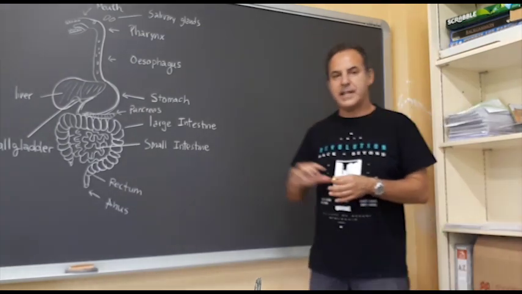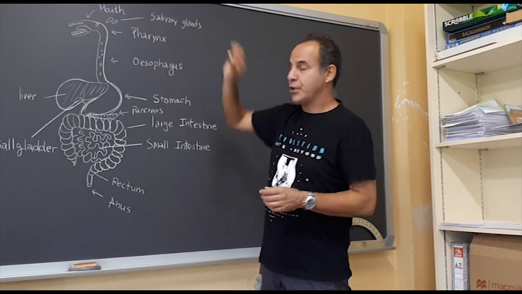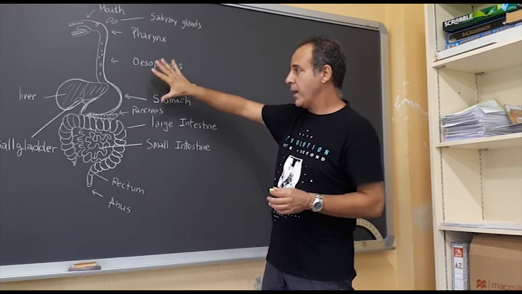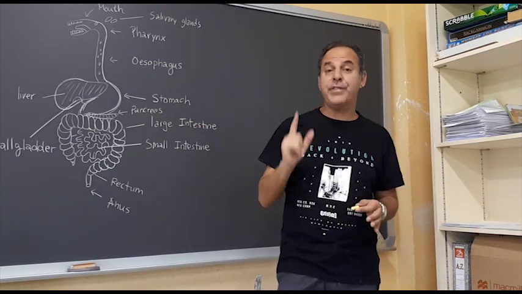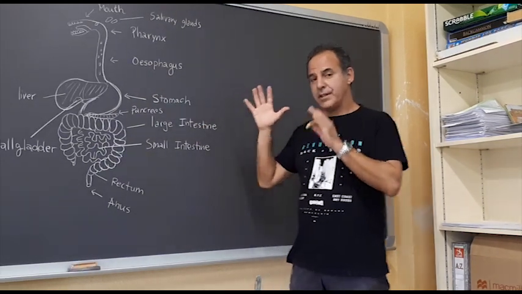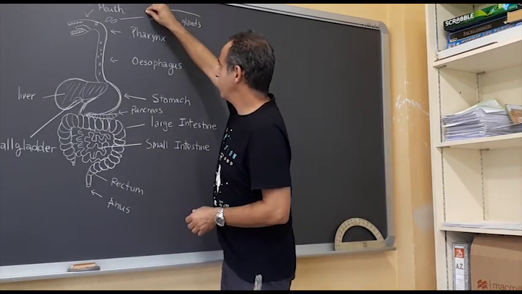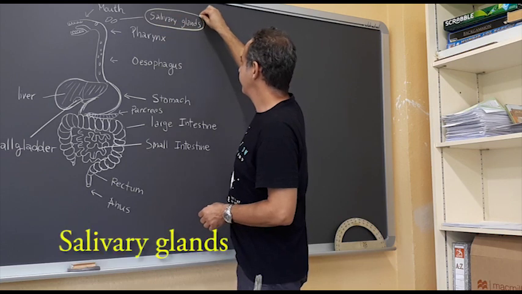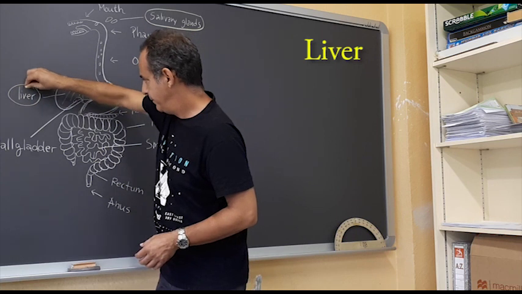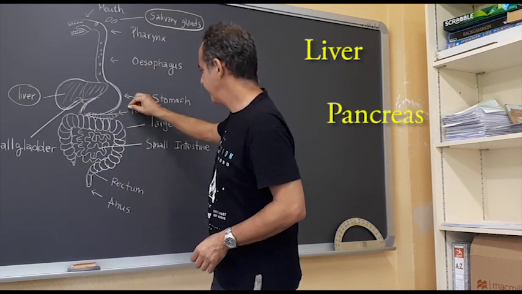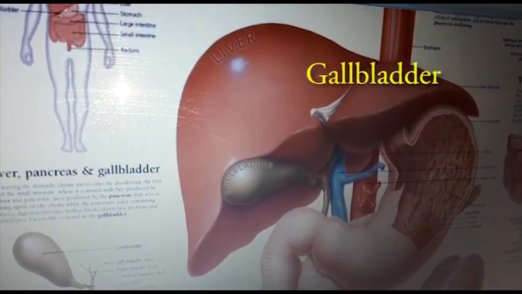Here we have the digestive system. I'm going to circle some parts of this system, but not others. Now you have to think why I am circling those parts. So first of all, I'm going to circle the salivary glands, then the liver, the pancreas, and also here we have the gallbladder.